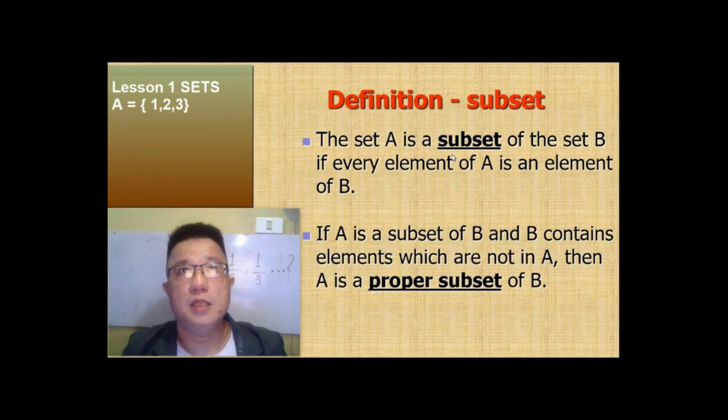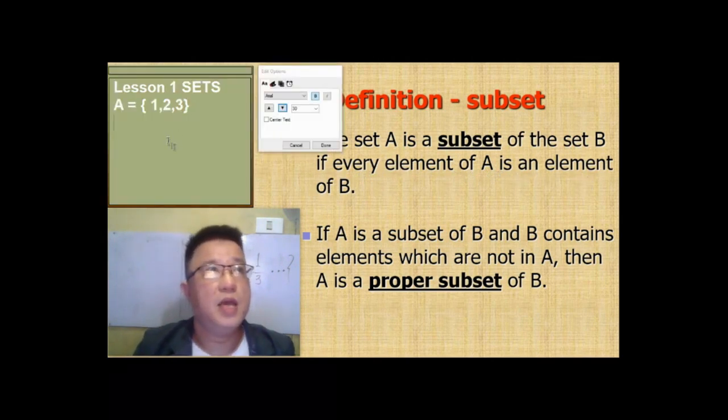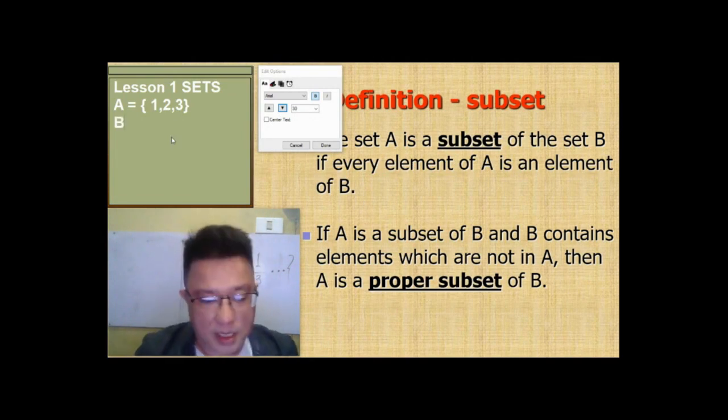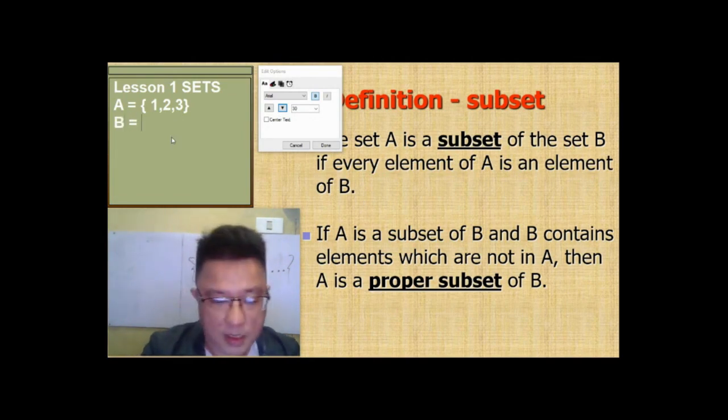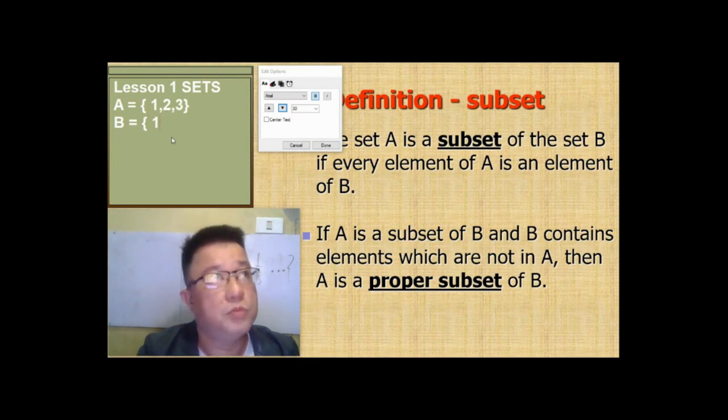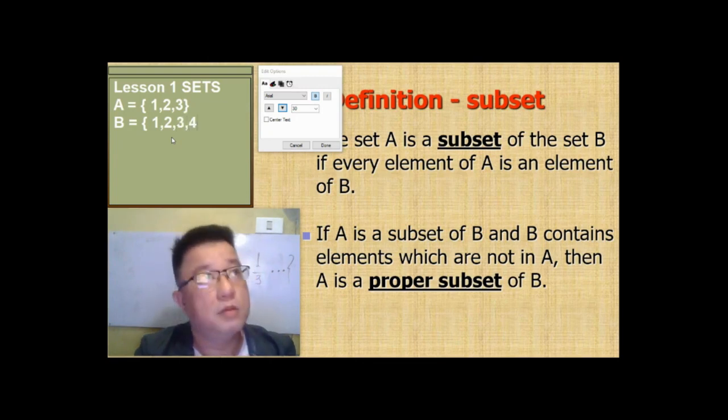How about a subset? A subset is a smaller set. When we have the set A and the set B, if every element of A is an element of B. For example, here we have A is 1, 2, 3, and B has the elements 1, 2, 3, and more.